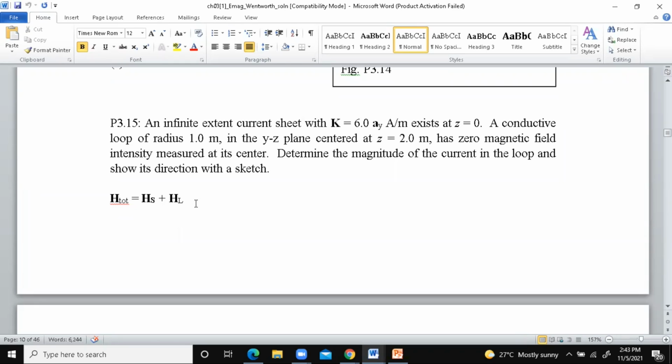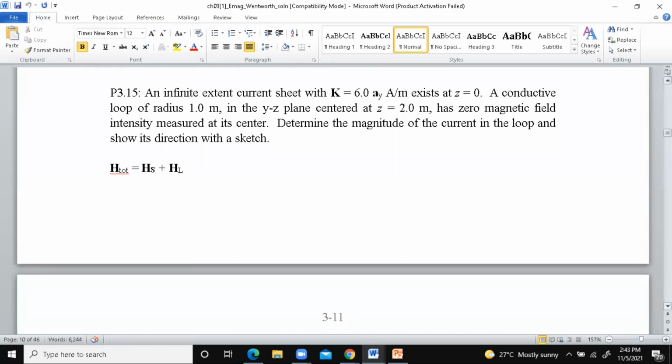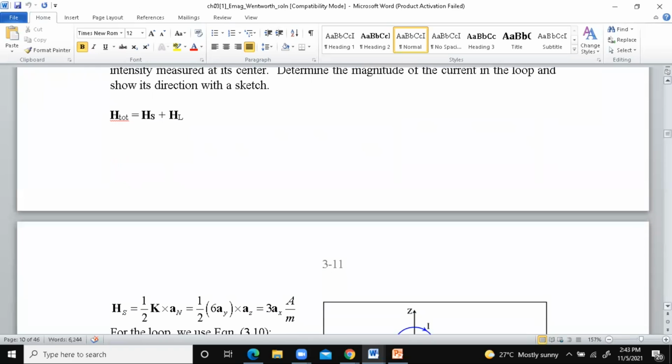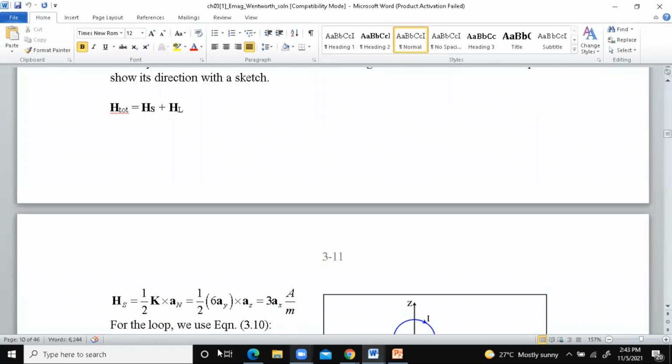I think I found HS, sir, but I'm not sure how to find HL. HS is simply this. You get that?